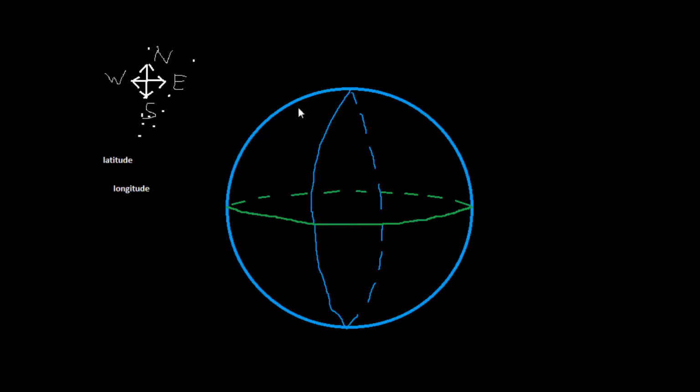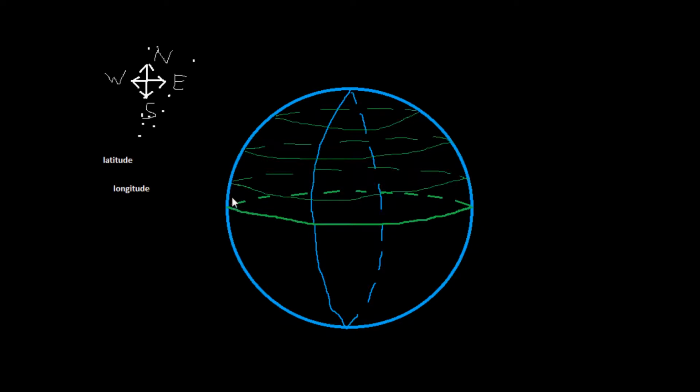So these are going to be the degrees north, and these are going to be the degrees south. We're going to draw some other imaginary lines. Of course, they go all around, so we're going to trace them on the other side, since again these are just imaginary lines. We'll draw a few of those. These lines are all parallel with each other, they don't meet.